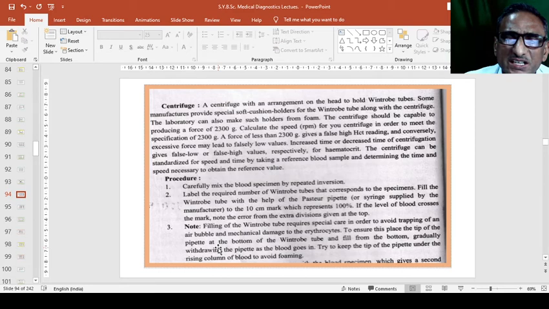After observing the upper and lower layers, in the lower layer, the upper part can be used for the calculation of the proper cell count. So it will give you the proper erythrocyte counting ratio.